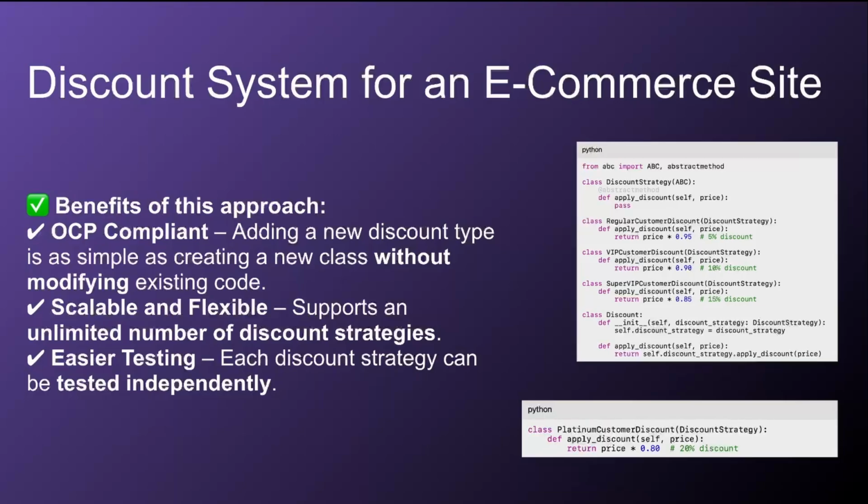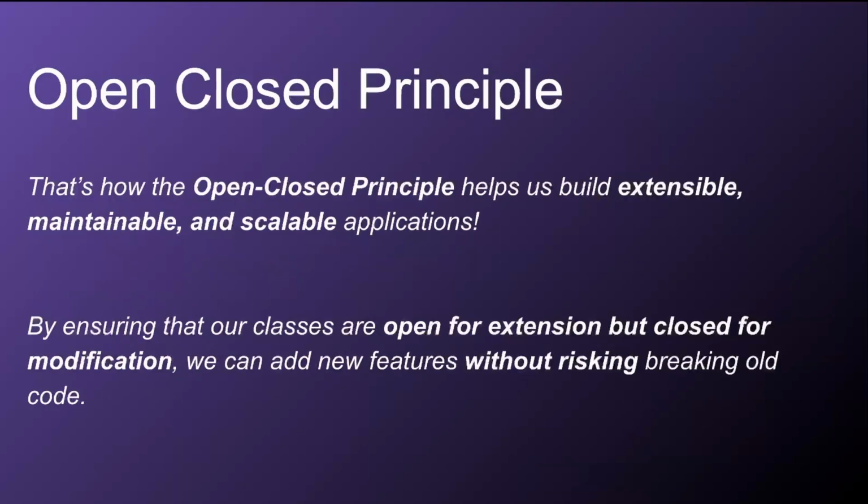Each discount strategy can be tested independently without depending on other classes. So this is how the OCP principle works. It helps us build extensible, maintainable, and scalable applications. And by ensuring that our classes are open for extension but closed for modification, we can add new features without risking breaking old code.